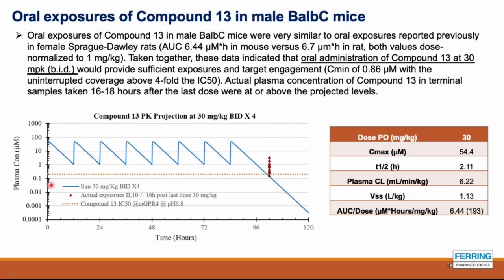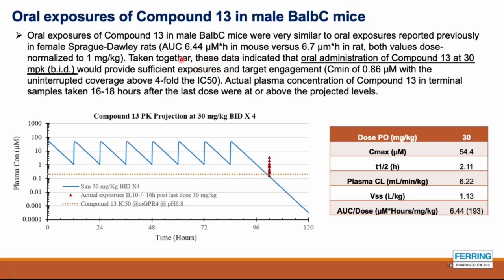In the mouse GPR4 receptor, in traditional antagonist mode, the potency of compound 13 was measured to be around 200 nanomolar, which is represented by the dotted orange line here, and that was pretty much in line with data reported in the literature. We also confirmed the pharmacokinetic properties of this compound in male BALB/c mice, and the data were also pretty much in line with the literature.